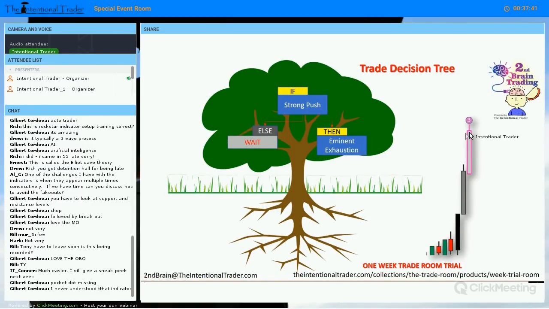The sellers are jumping in as the buyers are getting tired. Okay, so we're pushing. The buyers are still at it. Uh-oh. Buyers are getting weak. Sellers are jumping in. That's when this prints. Okay? Imminent exhaustion. Very important in understanding what's going on here. The speed tick.